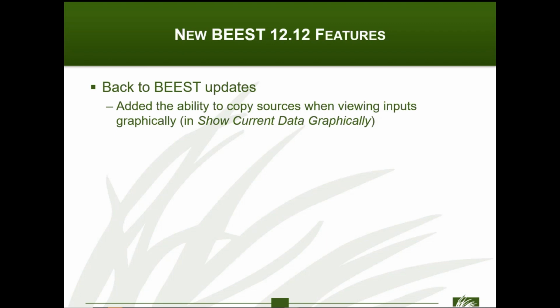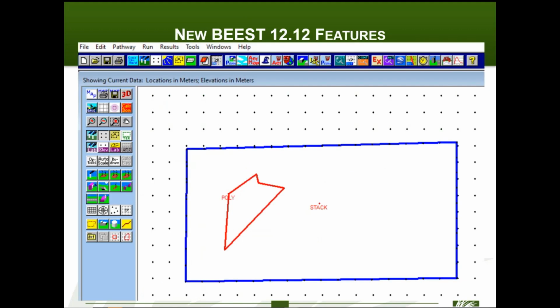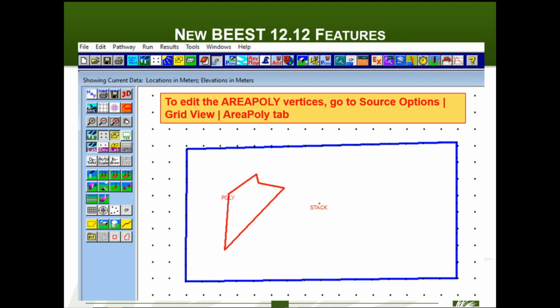And I just mentioned viewing inputs and show current data graphically. We have added a button that allows you to edit area poly sources or polysource vertices in the source grid view. So here's an example where we have a facility with an area polysource, that little weird polygon there.